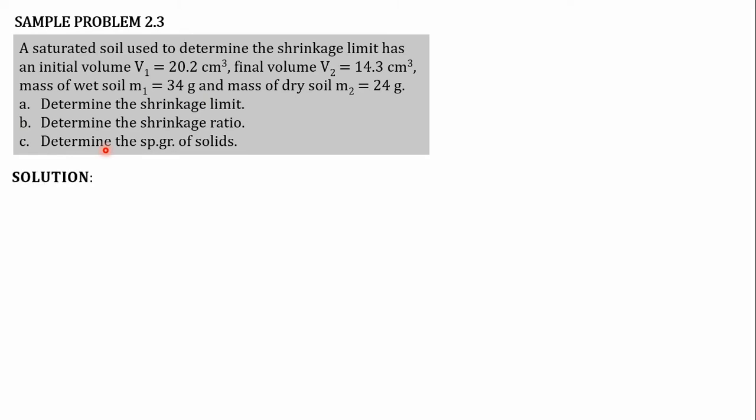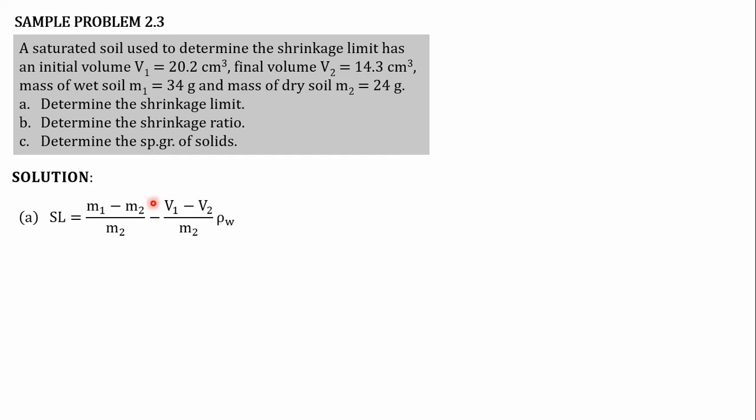Unahin natin sa A. Kapag sinabi natin shrinkage limit, may dalawang formula tayo. Since may M1 tayo at M2, V1 at V2, gamitin natin itong formula. So shrinkage limit is equal to M1 minus M2 divided by M2, minus V1 minus V2 divided by M2, times the density of water.